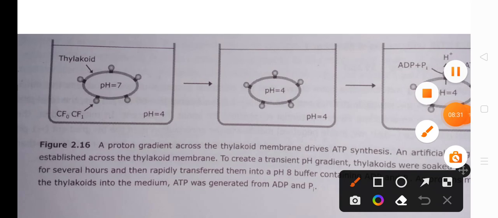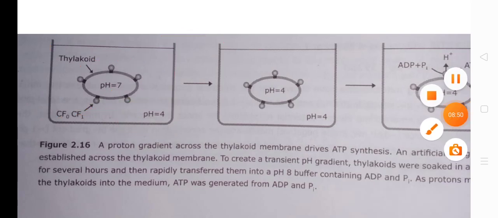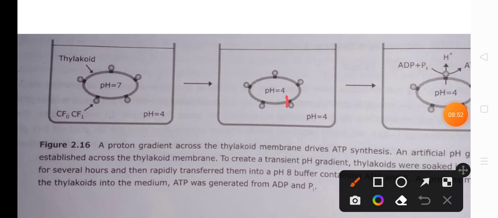If you equilibrate a chloroplast thylakoid in a buffer of pH 4 under dark environment, the pH of the lumen becomes the same as the solution where you have equilibrated it, meaning that after some time the pH of the lumen becomes 4.